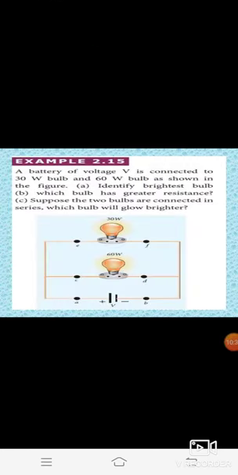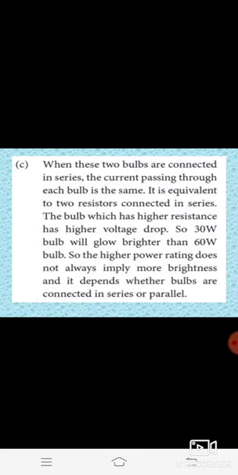Next, the last option. Suppose the two bulbs are connected in series, which bulb will glow brighter? When the two bulbs are connected in series, the current passing through each bulb is the same.